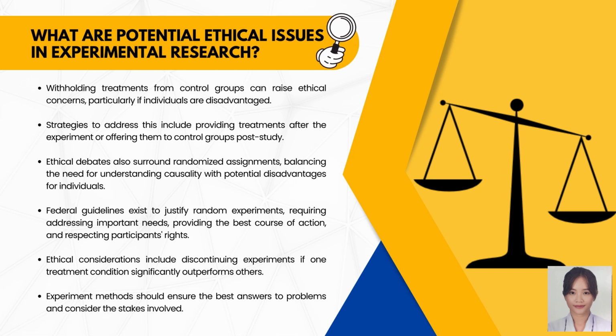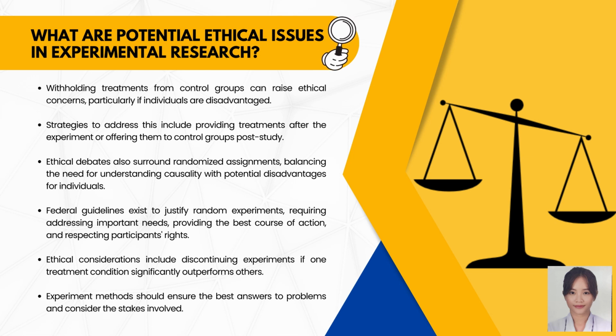Next, ethical debates also surround randomized assignments, balancing the need for understanding causality with potential disadvantages for individuals. Another is that federal guidelines exist to justify random experiments, requiring addressing important needs, providing the best course of action, and respecting participants' rights.